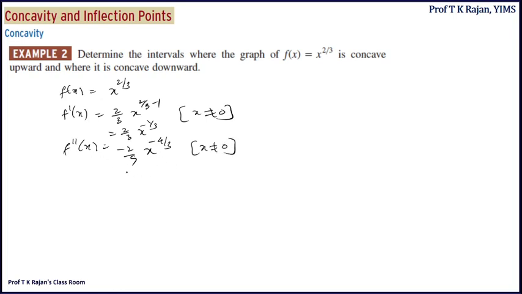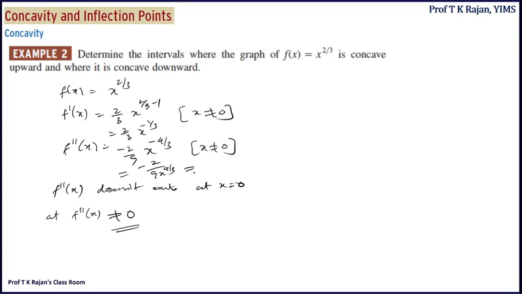So this function is such that f double dash x does not exist at x equal to 0. And at all other points f double dash x exists and is not equal to 0. f double dash x is equal to minus 2/9 x raised to minus 4/3, which is not equal to 0 anywhere when x is not equal to 0.